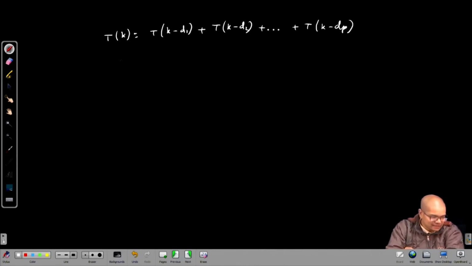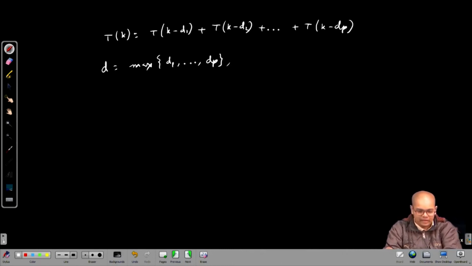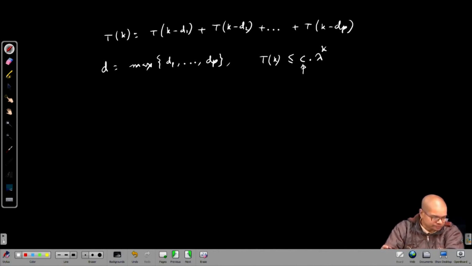You guess, let D be the max of d1 to dp, and you guess T(k) is less than or equal to C times lambda to the k. The value of C we will get from the base case of this recursion.